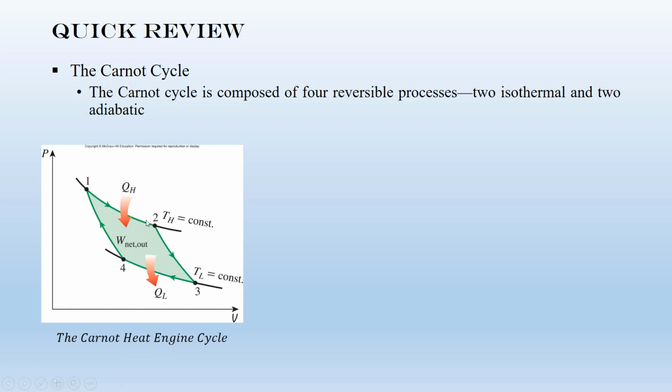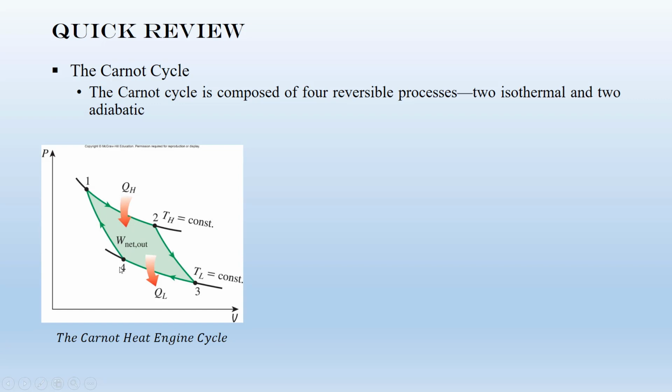This is the first step, where the evaporator absorbs heat from a heat source at constant temperature, and then this is the turbine step. Here W net is produced, and this is an adiabatic process with Q equal to 0.